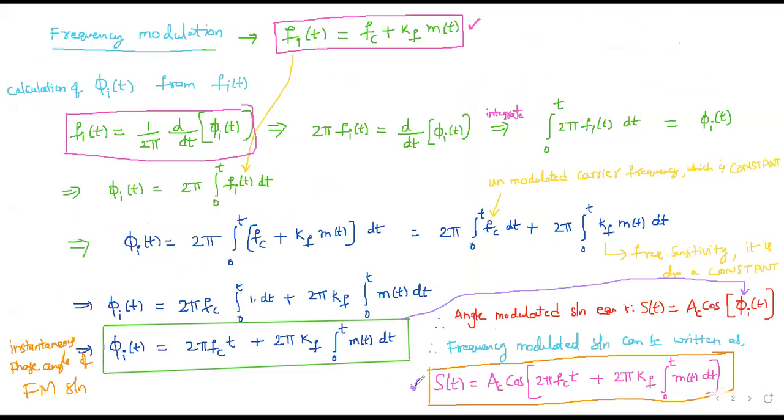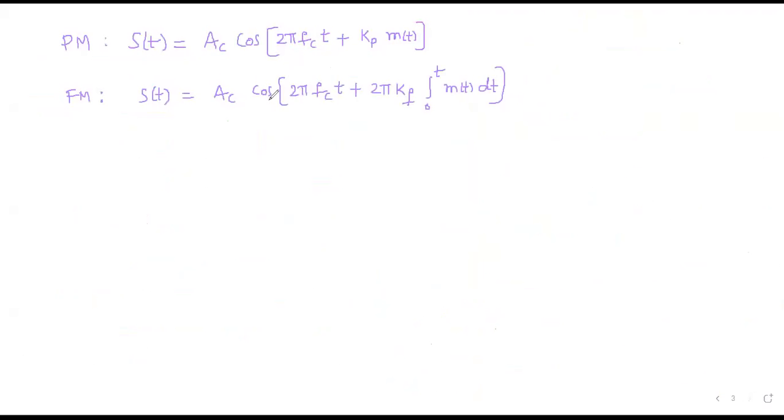This is a frequency modulated signal. Finally we have written the expressions here. So these are the mathematical expressions for phase modulation and frequency modulation signals in the time domain.